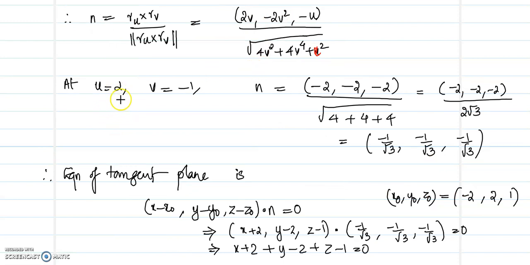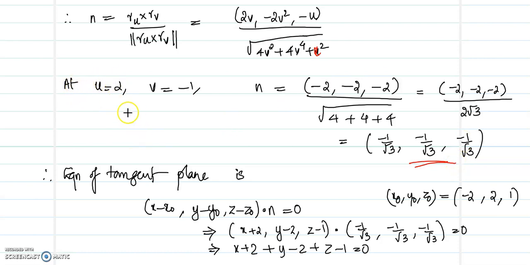At u equal to 2 and v equal to minus 1, the normal vector will be (minus 2, minus 2, minus 2) divided by the square root of 4 plus 4 plus 4, since 4v raised to 4 is again 4 and u square is also 4. So that is minus 2 by 2 root 3. This is going to be the value of n.